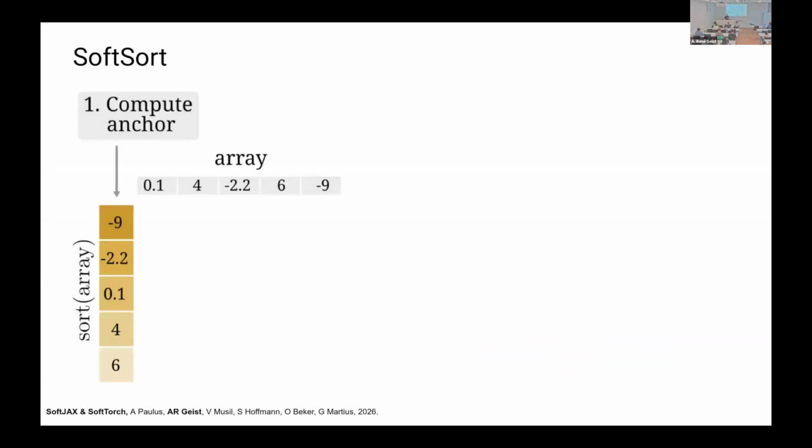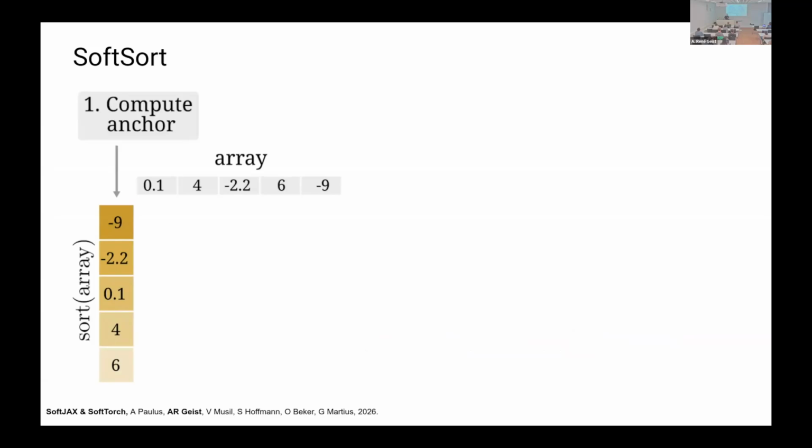To give you an idea of how a soft approximation of an axis-wise operation could look, I show you soft sort, not because it's the best method, but because it's quite simple and gives you an idea of how soft approximations could work. Assume you have an array with different entries.